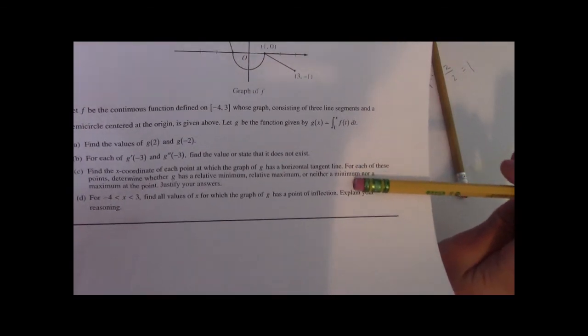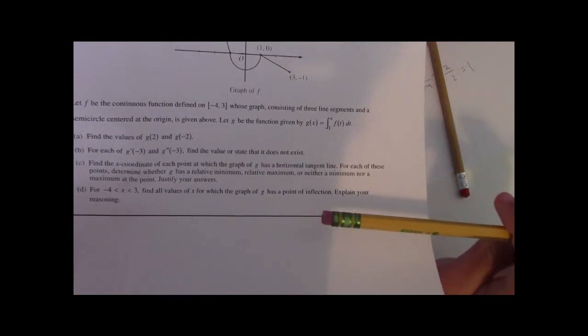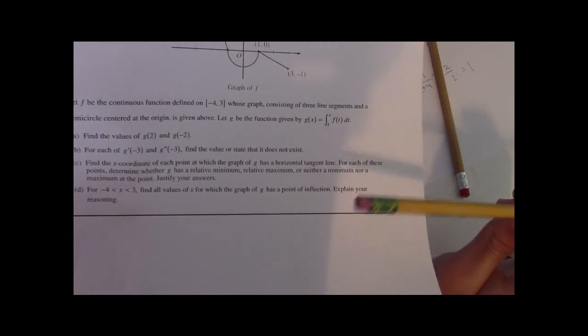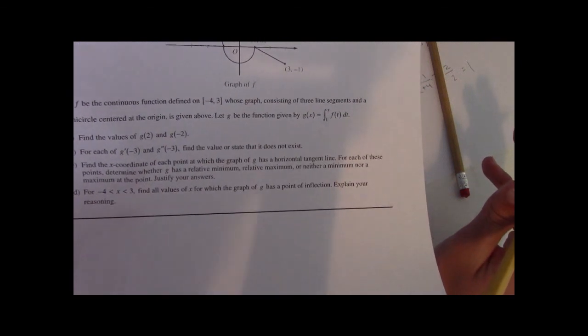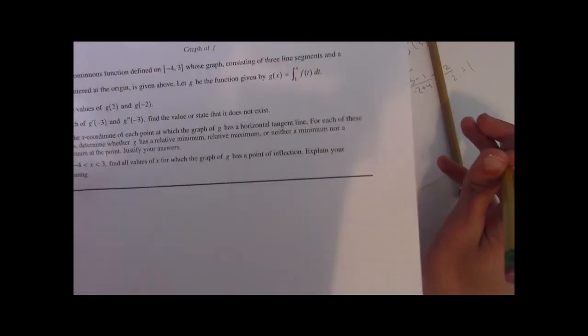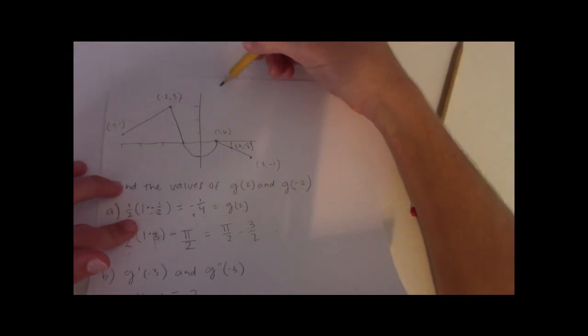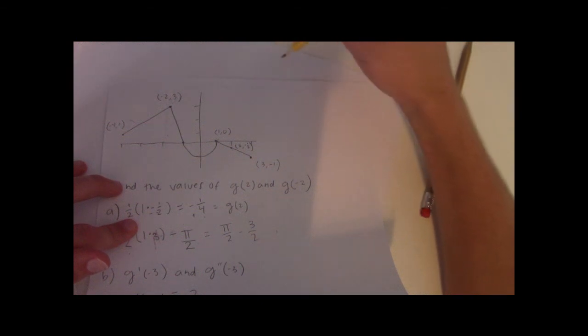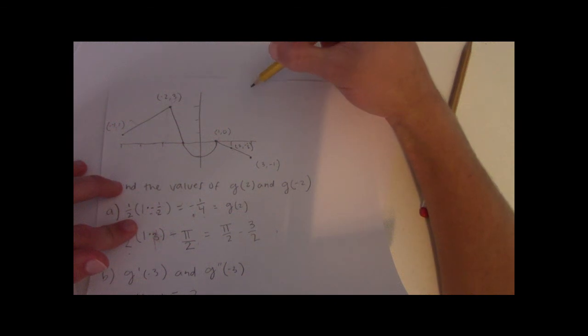Okay, so the next part asks us, find the x-coordinate of each point at which the graph of g has a horizontal tangent line. For each of these points, determine whether g has a relative minimum, relative maximum, or neither. And to justify our answers, which is also important. So a horizontal tangent line would look just like a horizontal line, which means that its derivative, its slope, would equal 0.